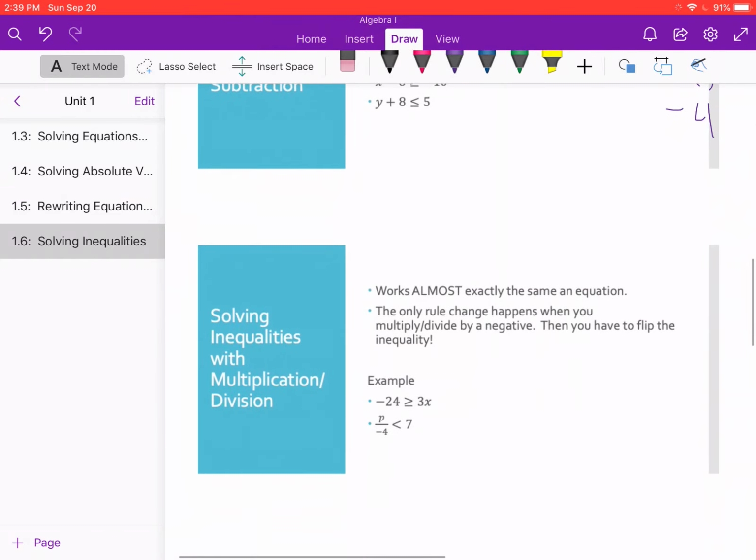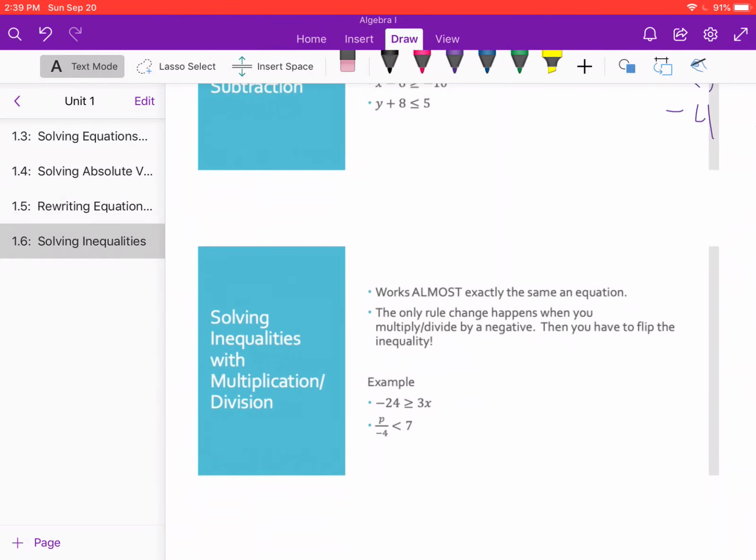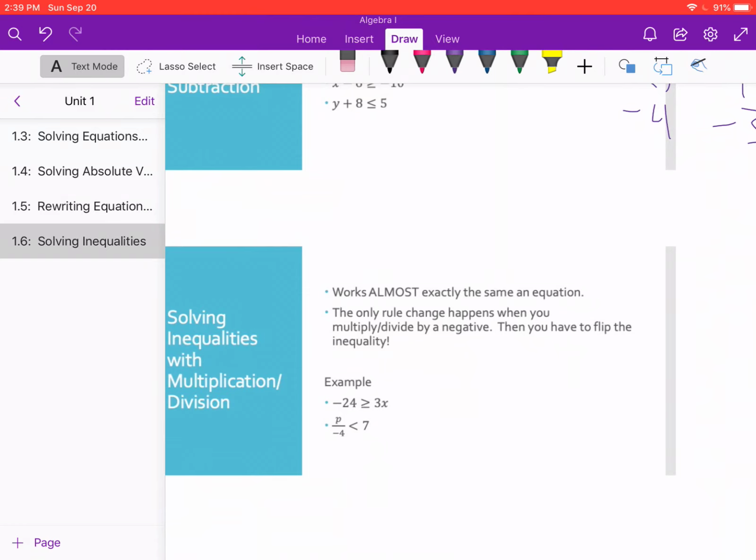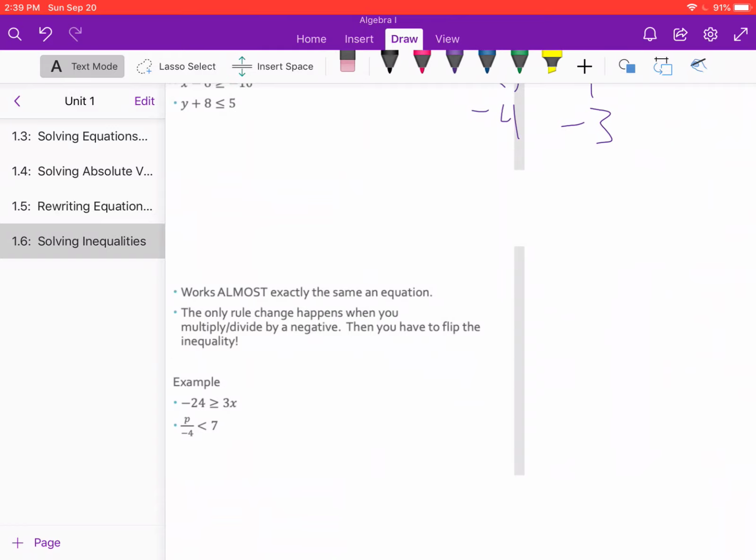The only twist we're going to throw in here today is with multiplication and division. It's almost exactly the same as an equation. The only rule is that when you multiply or divide by a negative number, you have to flip the inequality. Let's take a look at what that looks like.